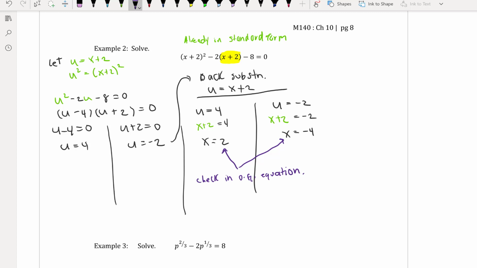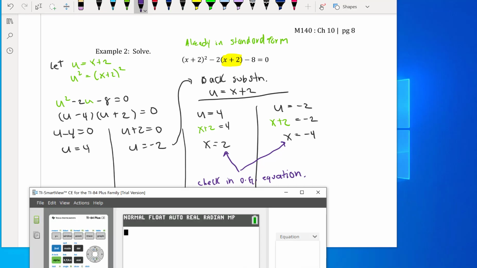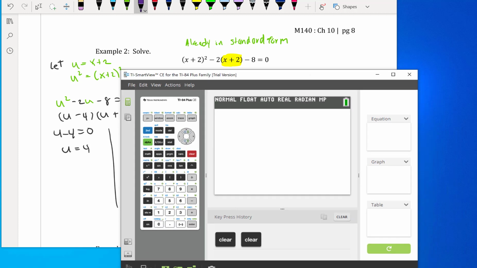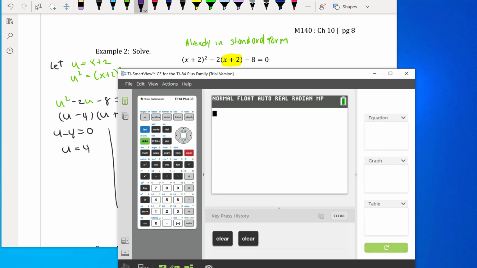When I plug that in, actually, I think I can show that on my calculator. Give me a second. So I wanted to show you that I'm going to be checking that answer for x is equal to 2 in my equation. So I have my calculator up, so hopefully I can do this while showing you the screen. Remember, I'm trying to plug in 2 to see if that's going to work.